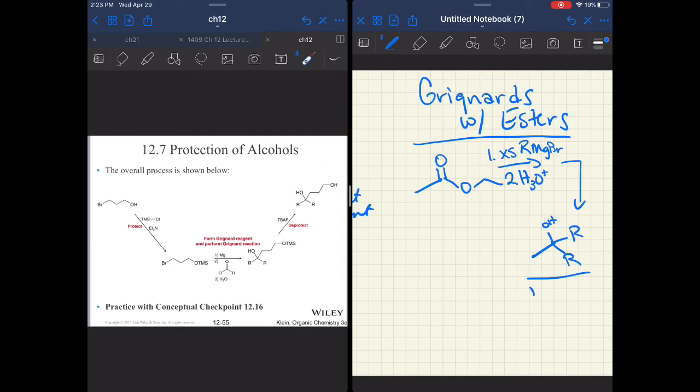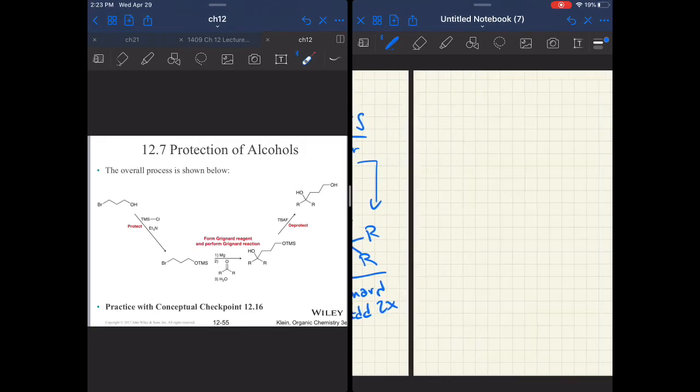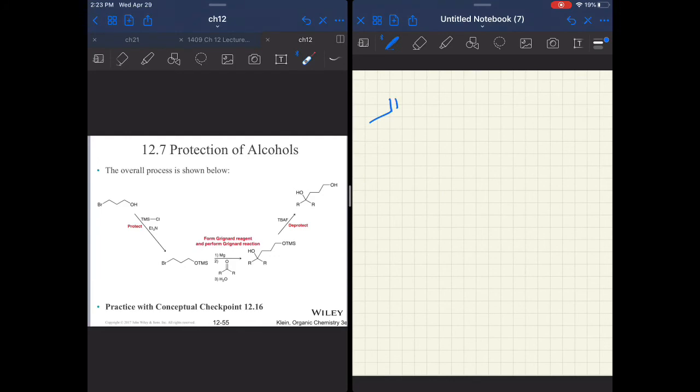So the Grignard adds twice. That's because this group right here can leave. It's not a great leaving group, but Grignards are really basic, and so it is perfectly okay to lose a base in those conditions.